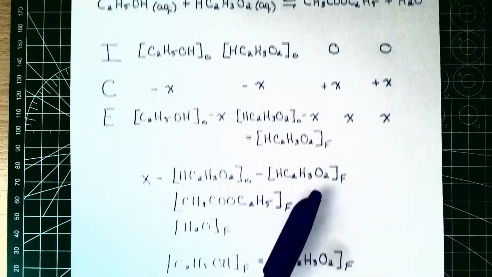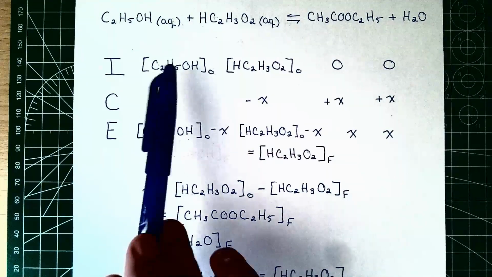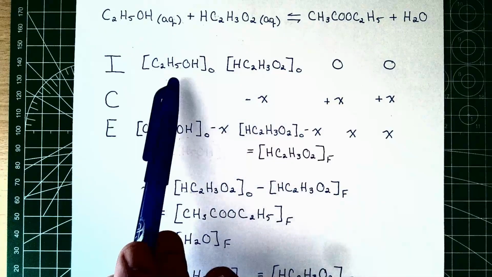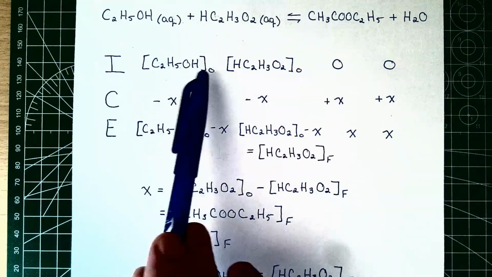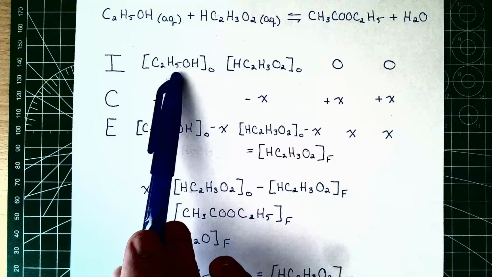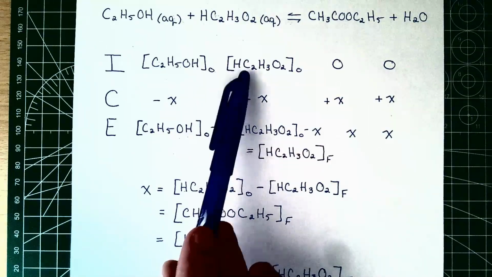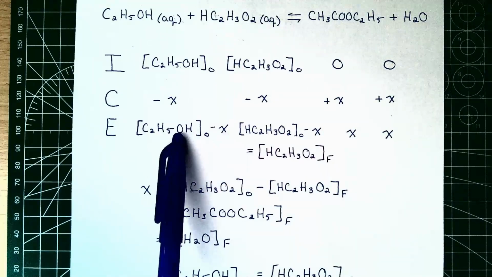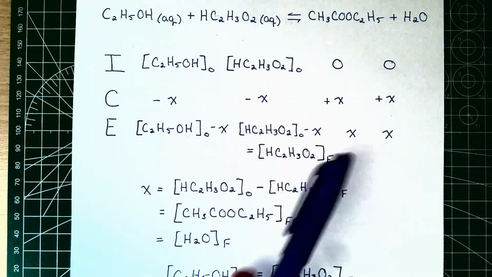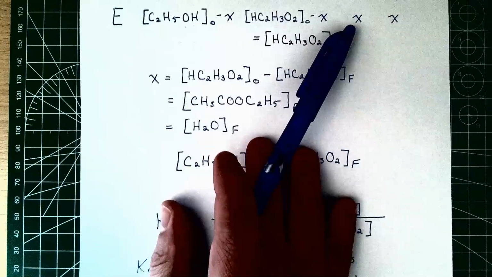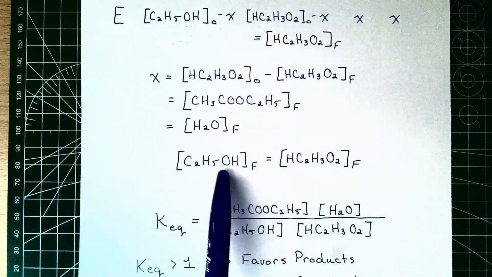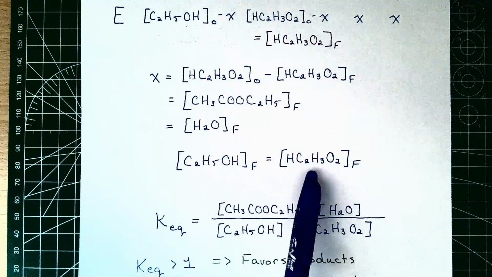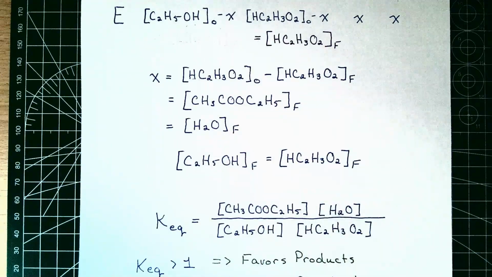We started with equal numbers of moles of the acetic acid and the ethanol. That means that the initial concentration of ethanol is the same as the initial concentration of acetic acid, which means that this term is the same as that term, and the final concentration of ethanol is equal to the final concentration of acetic acid.